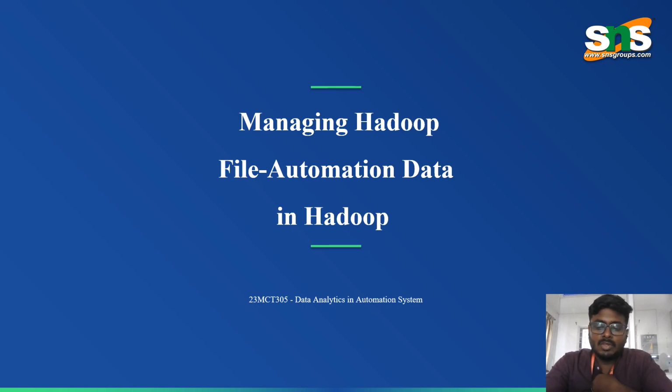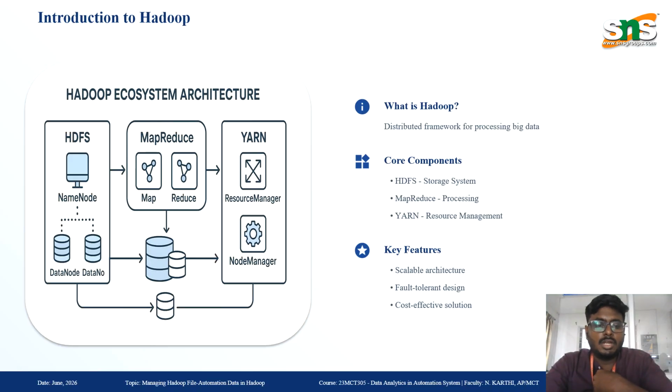So, coming to the introduction to Hadoop, let's start with the basics. What is Hadoop? Simply put, it is an open source distributed framework designed to store and process massive amounts of data across clusters of computers. It has three core components: HDFS, which handles the storage, MapReduce, which handles processing, and YARN, which manages resources across the cluster.